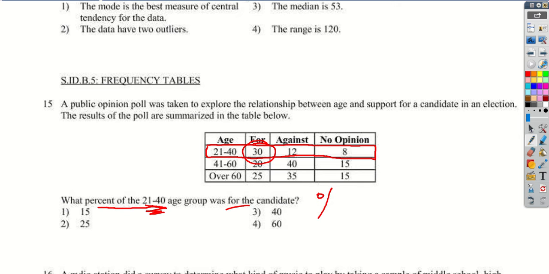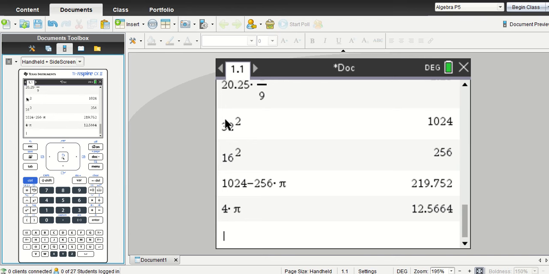So remember, percent is equal to part over the whole, and then times 100. So it's 30, and then we have to add them up. So 30 plus 12 is 42, plus 8 is 50. And so we can take this, if you remember, 30, 12, and 8. If you feel like adding, just to check it, go for it: 30 plus 12 plus 8.